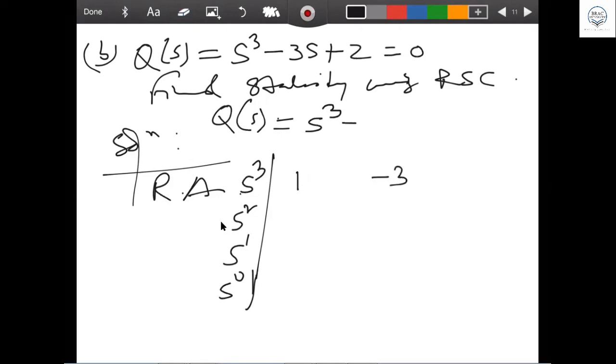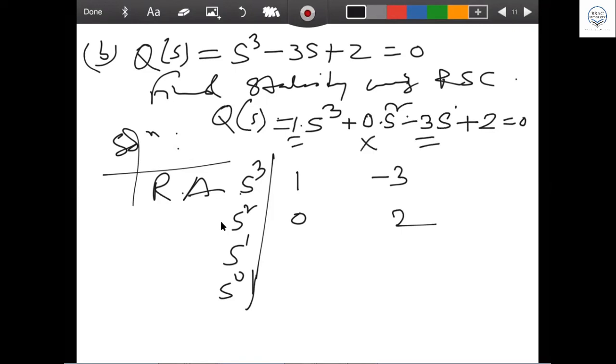Then 1. That's right. 0, 2. Okay, now let's sum here. S cube plus 0 into s square coefficient, minus 3 into s to the power 1, plus 2 into s to the power 0. This is the way you have to rewrite the equation. Then it is 1 into s cube, then 1, and then minus 3. This is taken later on, so you can get this correct.